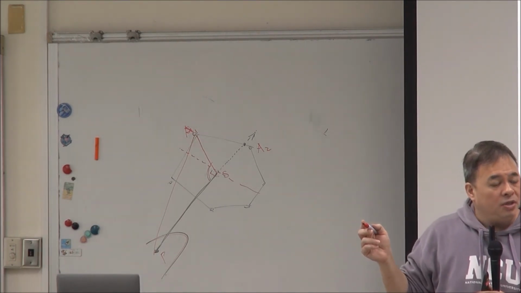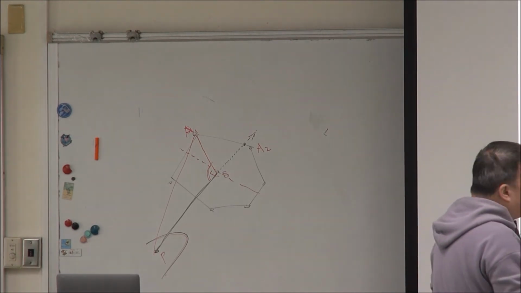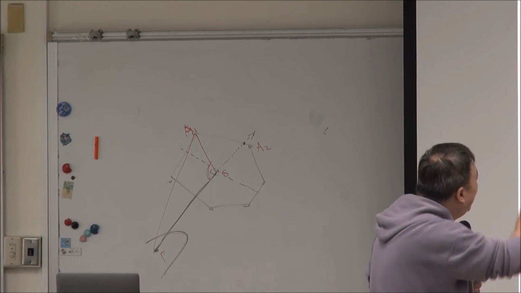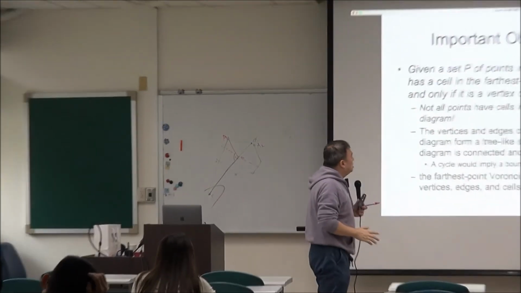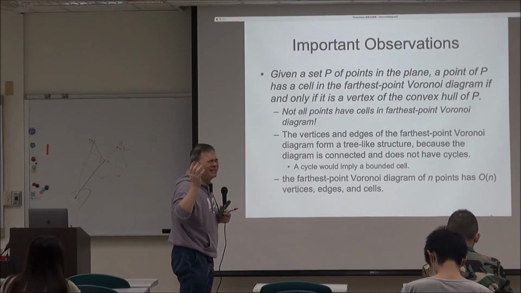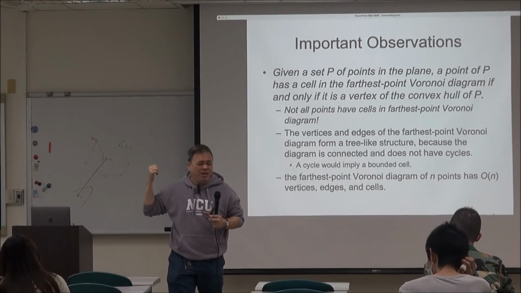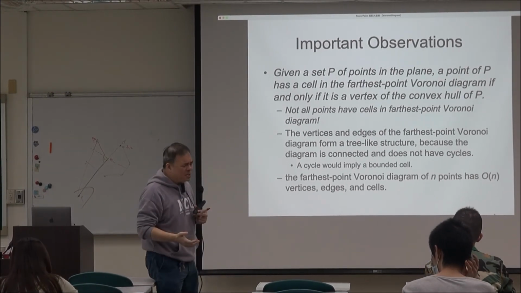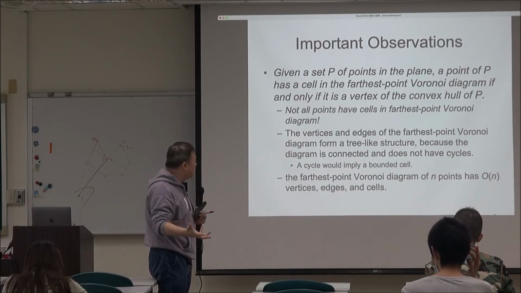So either way, if a site is inside the convex hull, it shouldn't have a cell in the furthest point Voronoi diagram, not to mention a point.